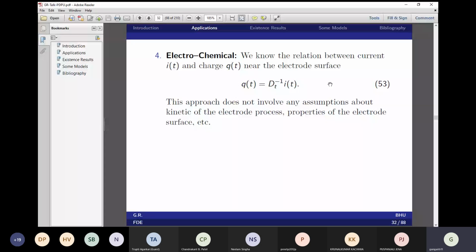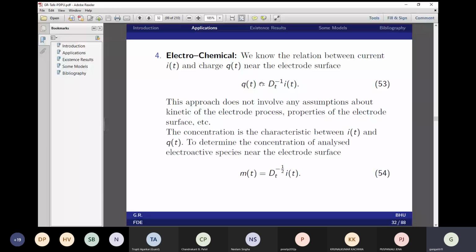So this relation does not give any information about the kinetics of the electrode process or the properties of the electrode surface at all. It is the integer order integral equation.